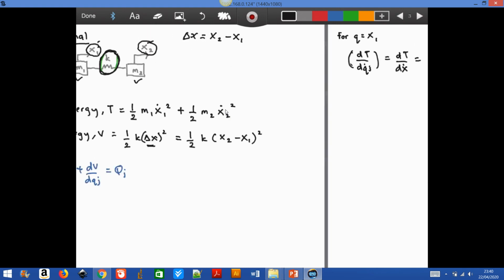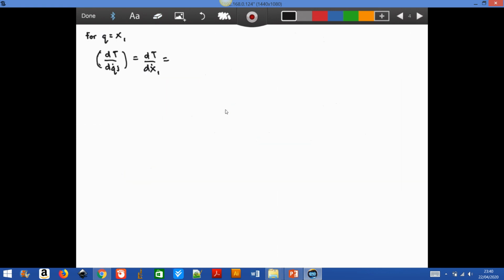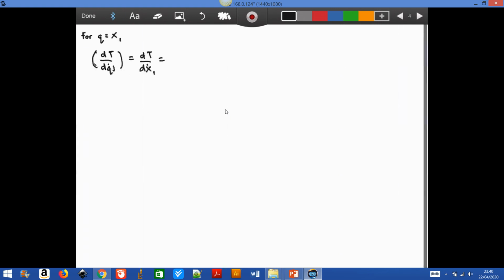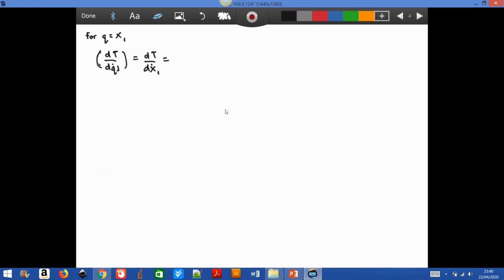dT over dq dot j is actually dT over dx dot 1. If we differentiate T over x dot, we will get m1 x dot 1.